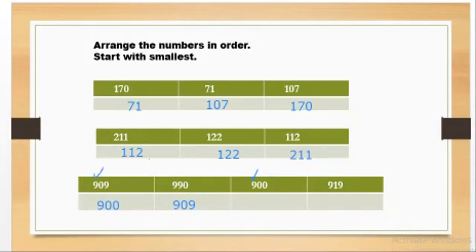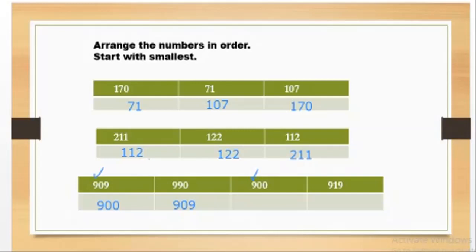So now we have two numbers left. I take these two numbers, and now I simply need to compare them. That is 990, 919. Even their sounds look a bit familiar. If you pronounce it in a hurry, then you can pronounce it wrong.